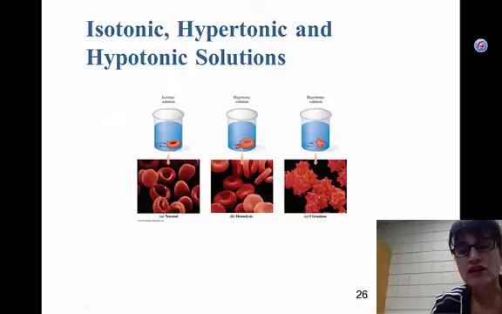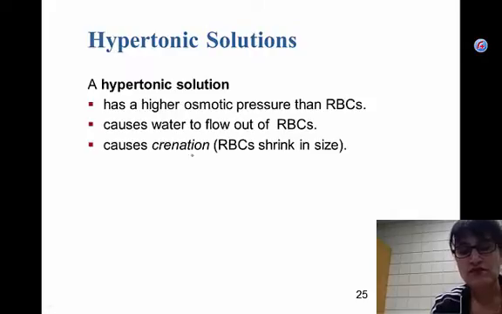These are what my normal red blood cells look like. This is hemolysis, where these are swelling up, and you can see there's little dips in here. These dips are not as big because water has come in and it's caused these to swell up. This one, these are all shriveled up, and that's crenation. So shrinking in size, and then the other ones were expanding.